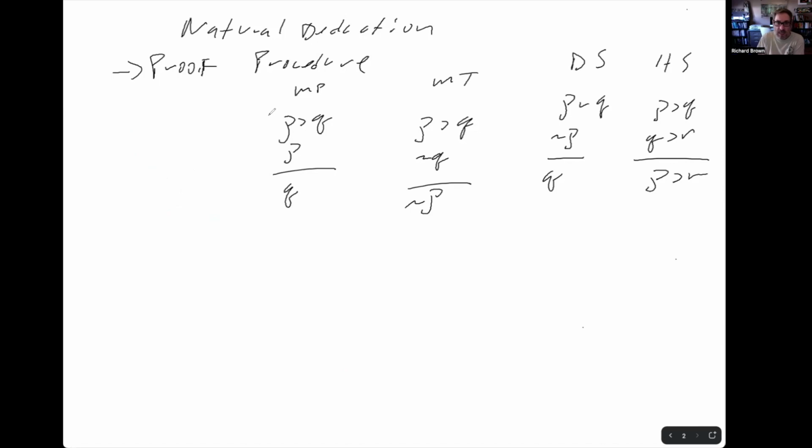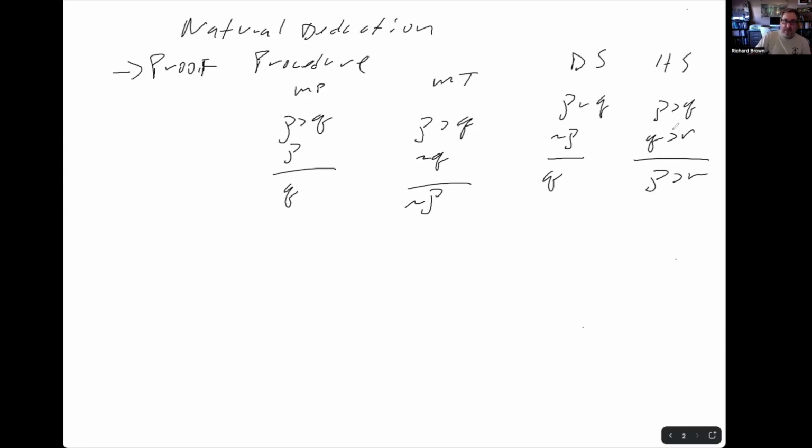Modus ponens can be thought of as a way to detach the Q part, the consequent of a conditional statement. Modus tollens can be thought of as a way to introduce a tilde into the antecedent of a horseshoe statement. Disjunctive syllogism can be thought of as a way to break apart a wedge.